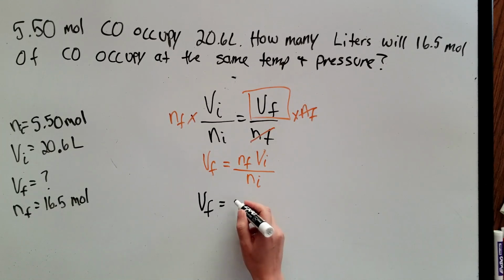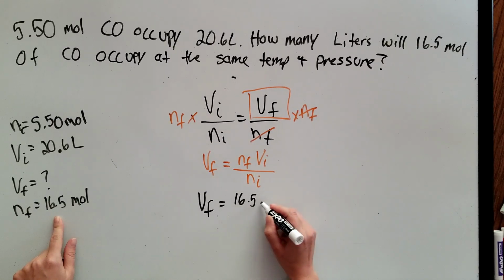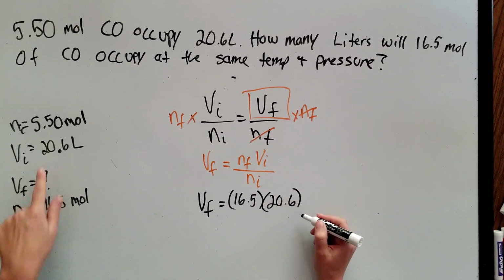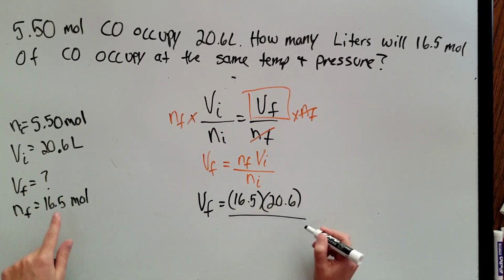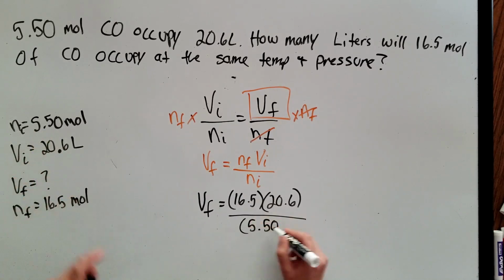We have a final molar amount down here of 16.5. We have an initial volume of 20.6, and the initial molar amount was 5.5, so that's going to go in the denominator on the bottom there.